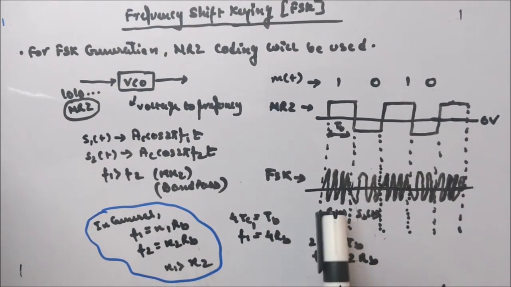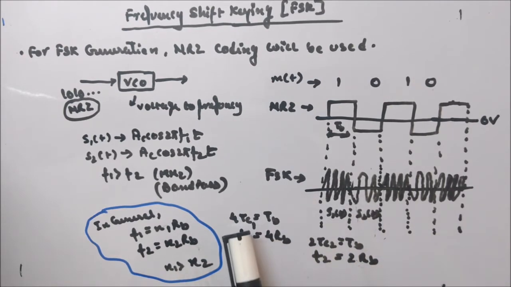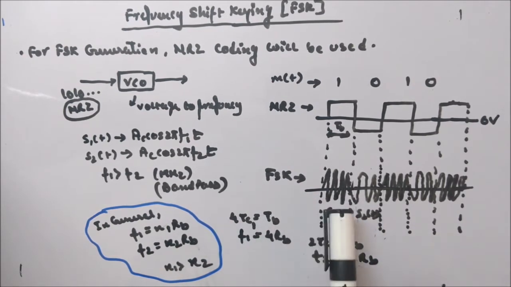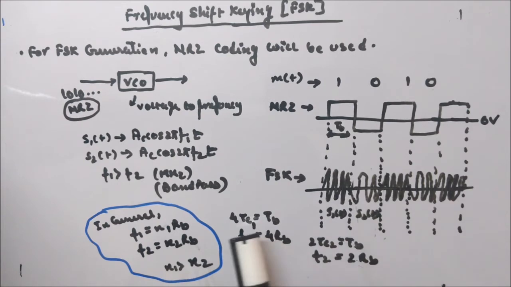Similar to ASK and PSK, in 1 TB, this is your S1(t) and this is your S2(t). In 1 TB you are sending 4 time periods of the carrier signal, so 4 TC1 equals TB, which means f1 is equal to 4 RB.